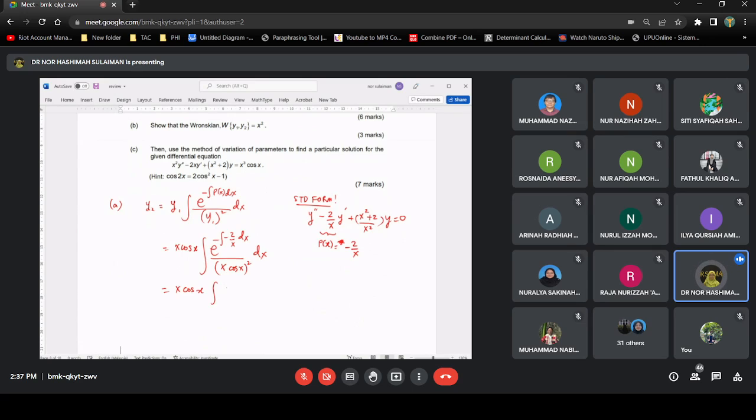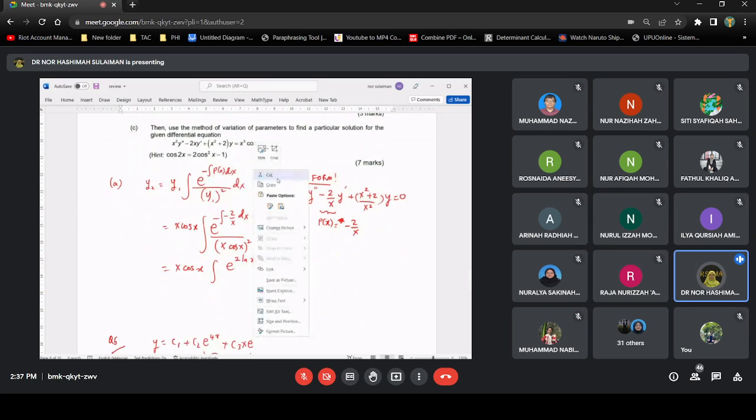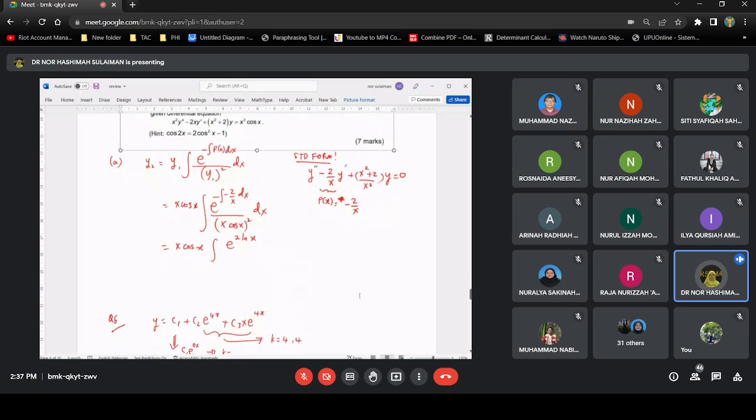Okay, so dapat apa ni? e to the power of 2 log x, isn't it? Correct. Kita ignore lah dulu dia punya absolute value tu. Kita boleh je keluarkan dia punya absolute value tu kan, sebab dia akan to the power of 2, right? Betul. Ni jawab dapat apa ni? x kuasa 2 cos kuasa 2 x, right? dx, isn't it?